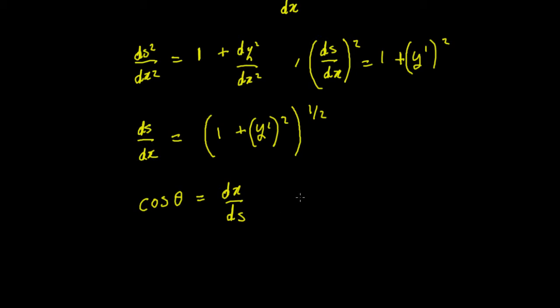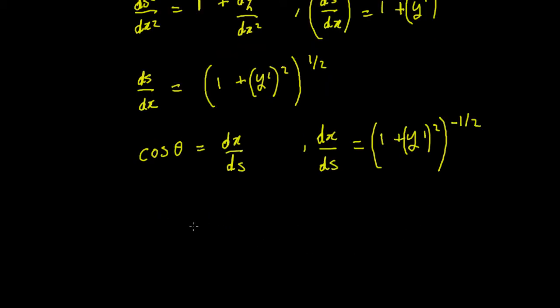So we end up with our dx upon ds is equal to 1 plus y derivative squared. Now instead of being to the power of a half, because we're taking the reciprocal, it'll be to the power of minus a half. Okay, so now we've got a nice little trig identity.